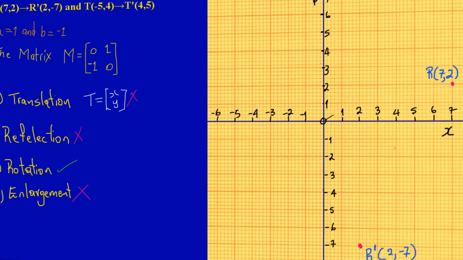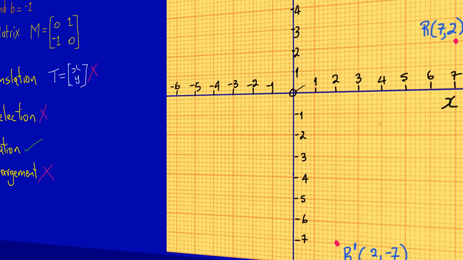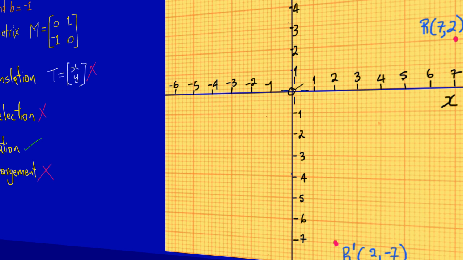And let me just brighten this a little bit more for you. I'm going to use my ruler, and from my center I'm going to connect a line segment to my point. That's ugly. Let me just get rid of that. I'm going to connect my object point to my center of rotation right there. And then I'm going to draw another line from my center to my image point.